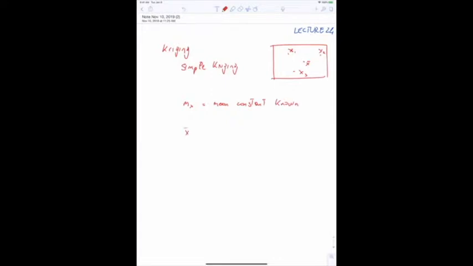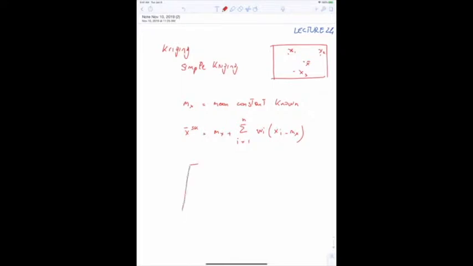Then the simple kriging estimate is equal to the mean plus the sum for i from 1 to n of the weights times the value of the measurements minus the mean, where the Wi are solved as a system of equations.